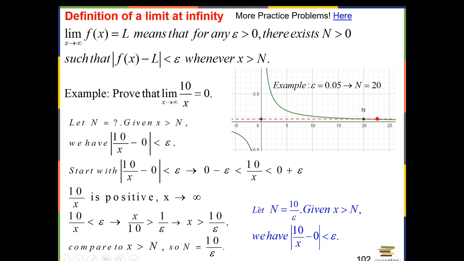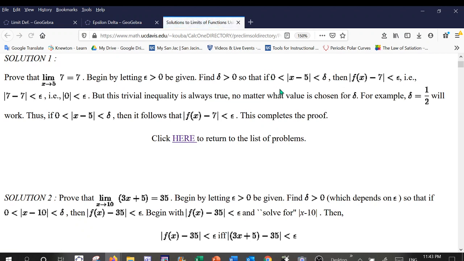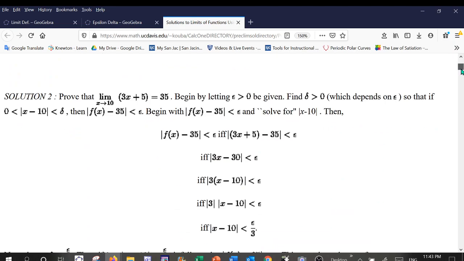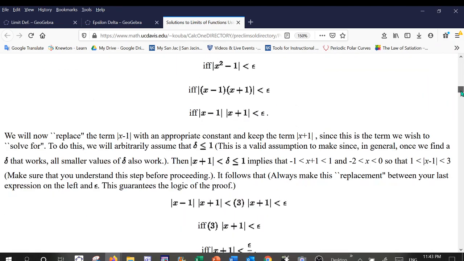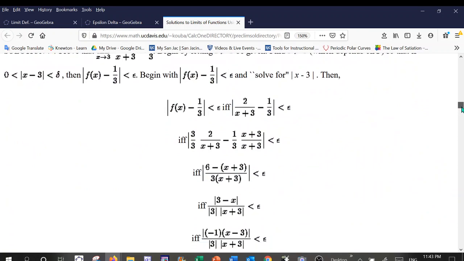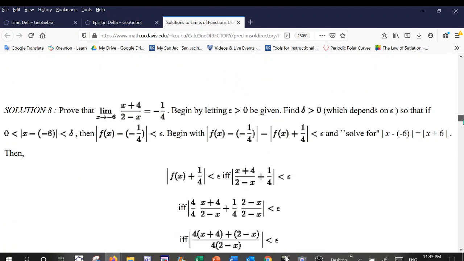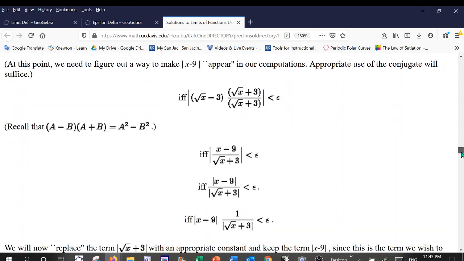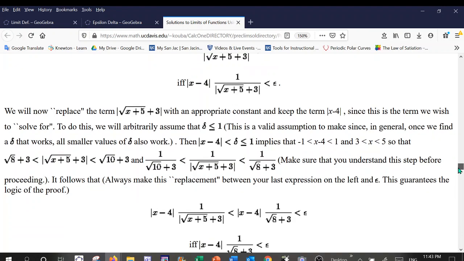All right, so now here is a link. If you click on it in the notes, it takes you to a website. Actually, it is a bunch of problems from the University of California, Davis. They have a good number of problems of proving. Some of them are tricky, actually. So in case you're majoring in math or you're interested, you can look at the rest of these problems and see how they're done.